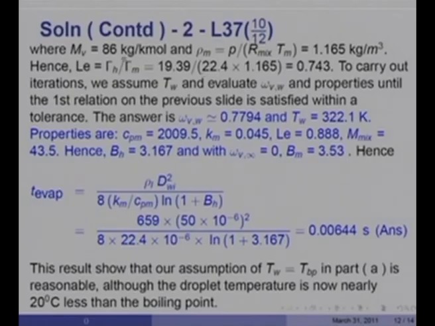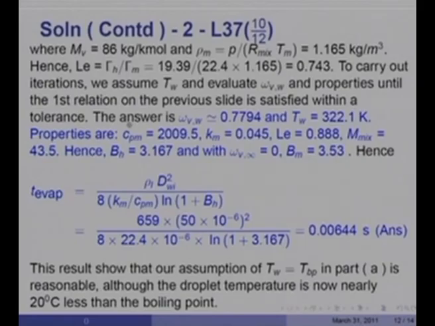In our case, mV is 86 for n hexane, rho m is 1.165 kilograms per meter cube, and Lewis number, gamma h by gamma m, is 0.743. So, to carry out iterations, we assume TW and evaluate omega VW and properties until the first relation on the left hand side on the previous slide is satisfied within tolerance.